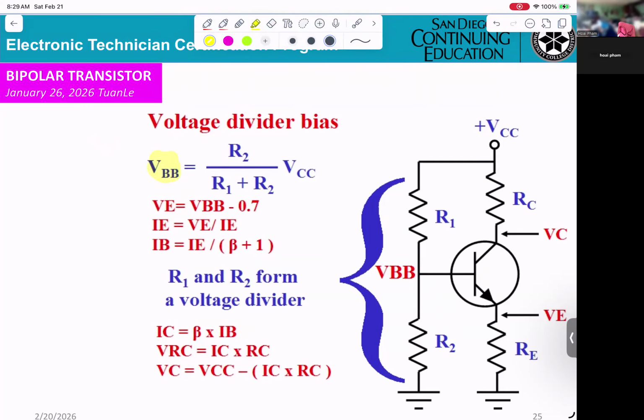If you get VB, you know the base-emitter drop is 0.7. So you can calculate the VE. VE equals VB minus 0.7.